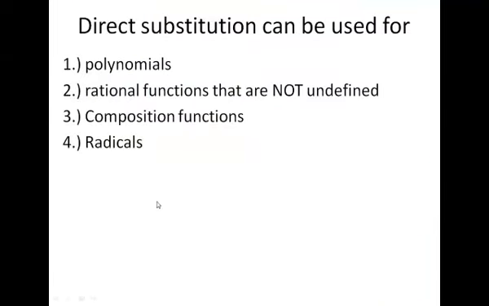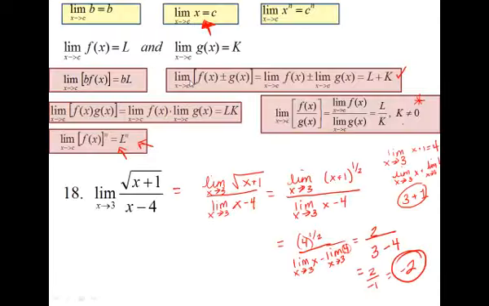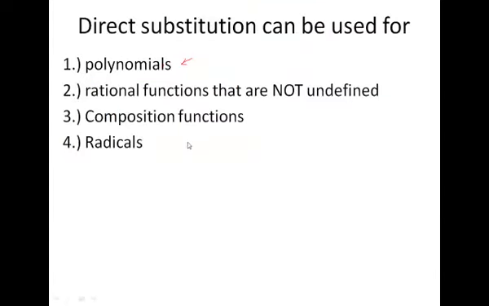So here is a list of those types of functions, as I was saying, that you can use direct substitution for. Polynomials, basically that sum and difference rule, as well as the power rule that we saw, this one and this one, allows us to do this, that we can just directly substitute in for any polynomial.